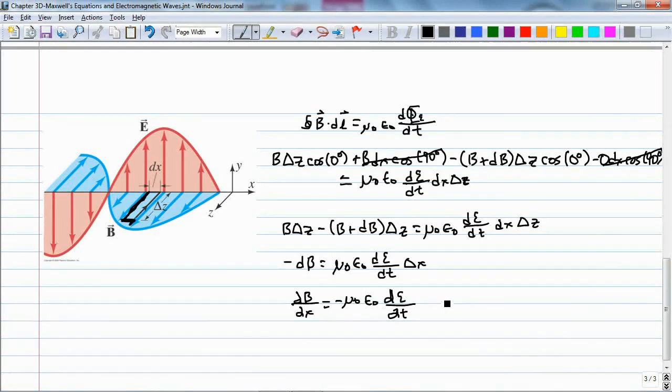So these two equations are used to define and relate the magnetic field to the electric field. Our next presentation, we're going to see how we can use these to come up with a very useful relationship.